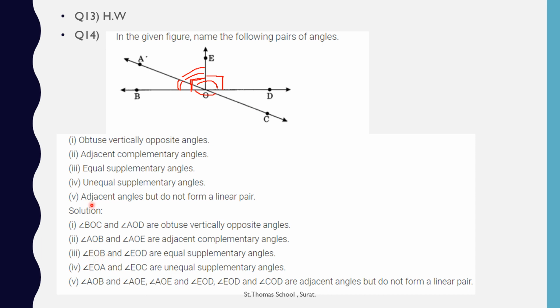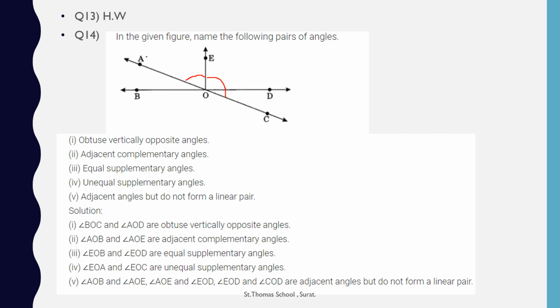Clear? The fourth one, unequal supplementary angles. Unequal means both should not be equal, but the sum should be 180 degrees. So what can we say? One is angle EOA and the next one is EOC.